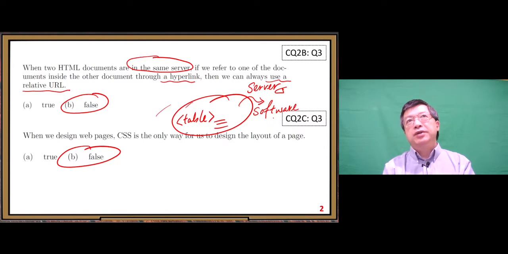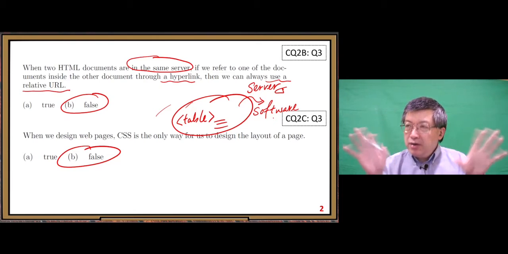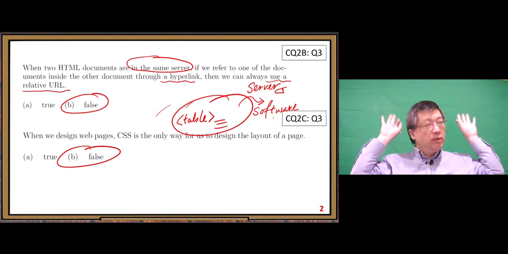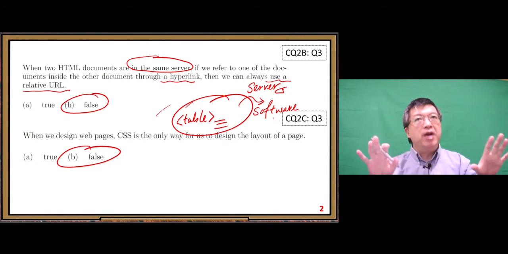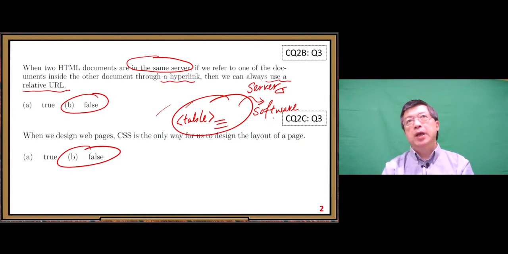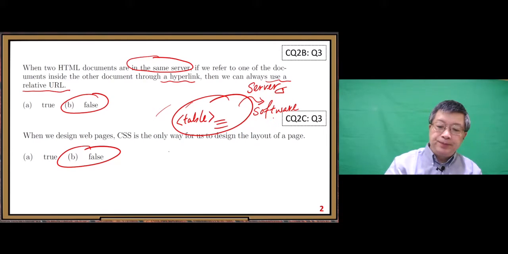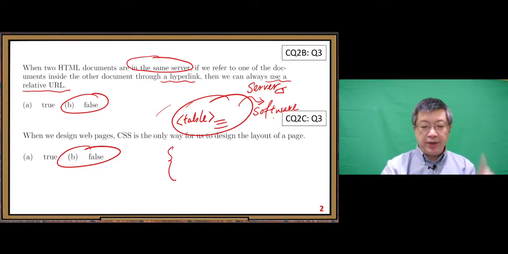So now in general situation, people feel CSS way is much better than table way. All right, so here there are two ways. First, table way.